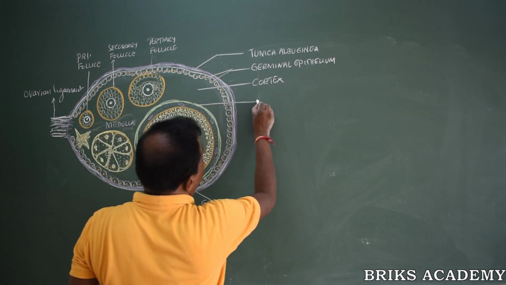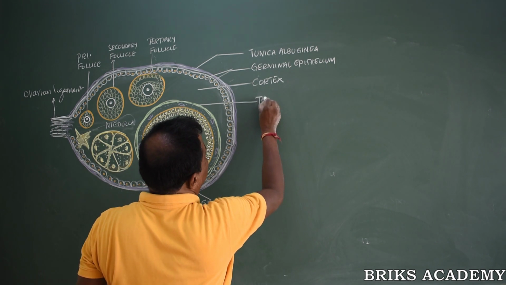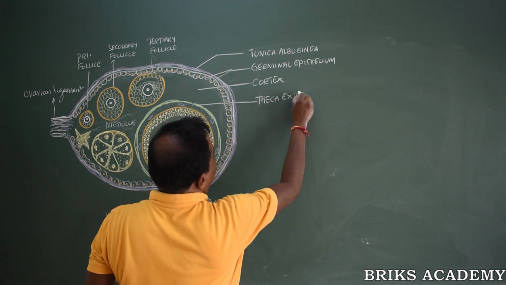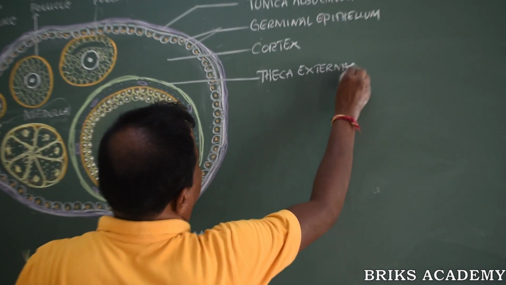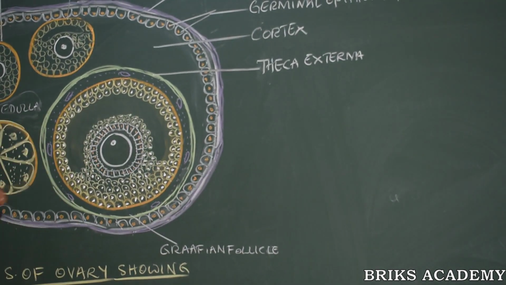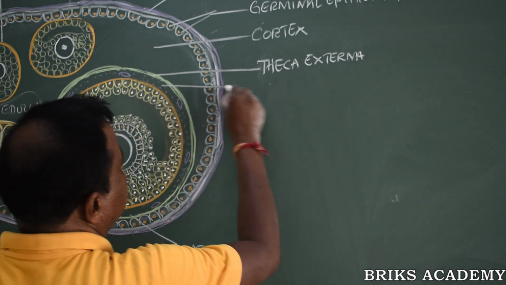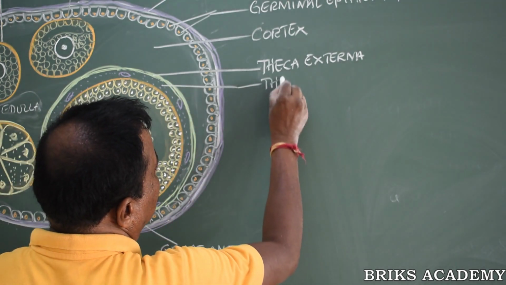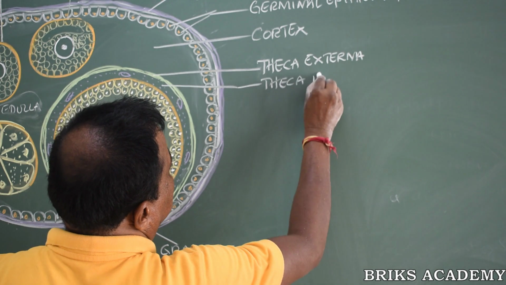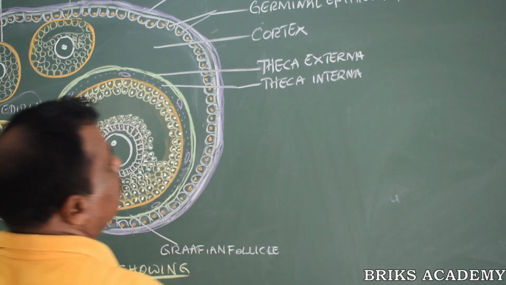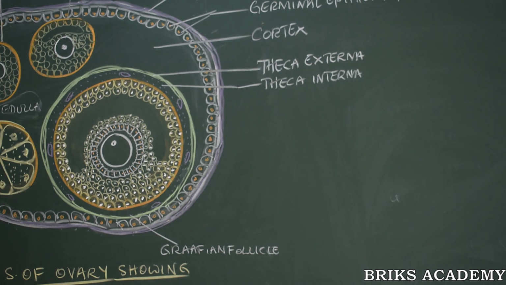This outer connective tissue covering is called theca externa. Externa refers to outer, theca refers to layer. Below that you come across a vascular layer, called theca interna. These are two protective layers, theca externa and theca interna.